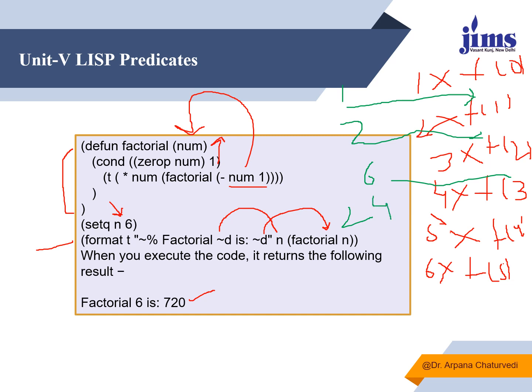Then this 24 will go back as a return value, and this becomes 5 into 24, that is 120. Then again this 120 will be returned, and this 6 into 120 becomes 720. And this is how we get the output of this function.